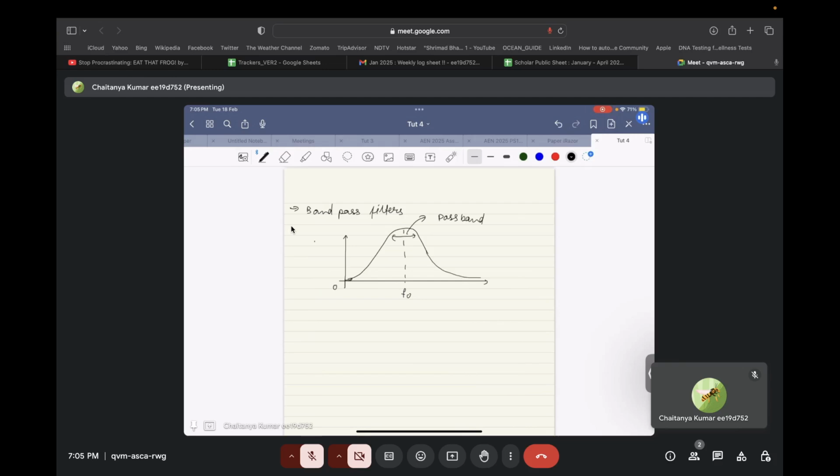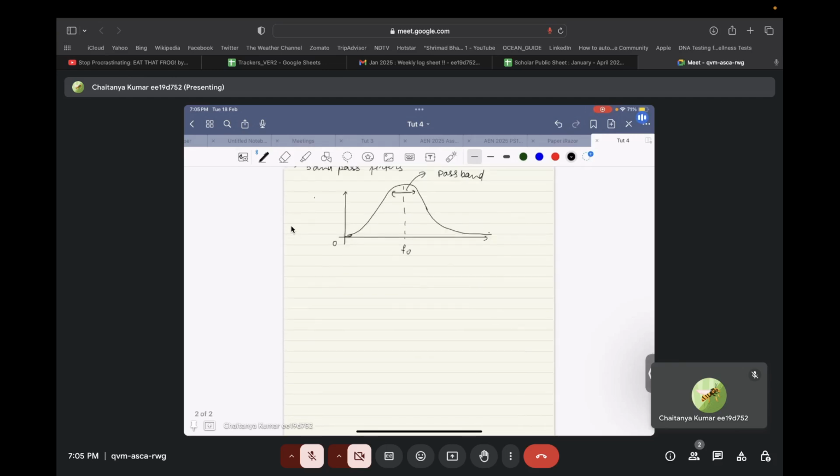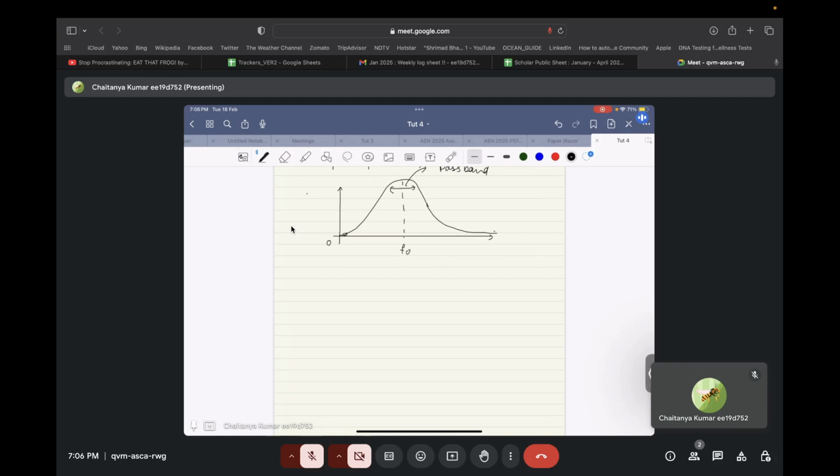And then at very high frequencies it again drops down back to 0. So this is how a band pass filter works, and so how we get it in practice, let's try to see it. So let's focus on this particular filter.